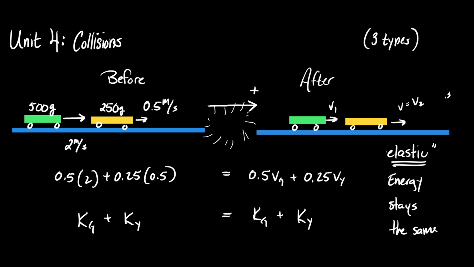Not hard, but if all we had was momentum, we wouldn't be able to solve this, right? Because we have two unknowns. But then we can bring in kinetic energy. So the kinetic energy before the collision is 1/2 times 0.5 V squared plus 1/2 times 0.25 V squared. Oops, wrong velocity.